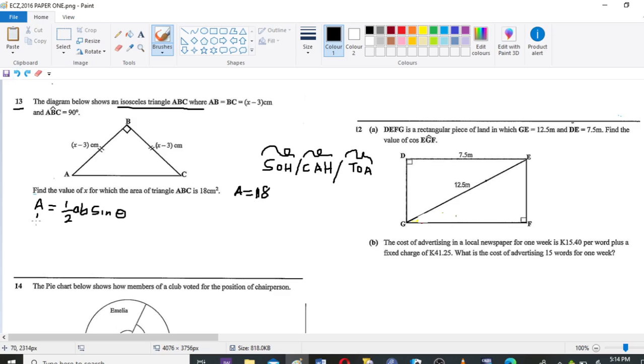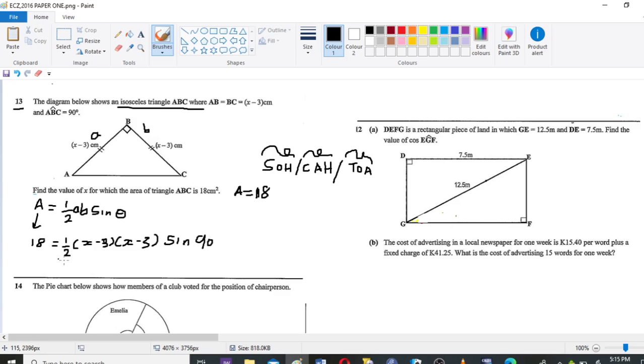Our area is 18, then we have half multiplied by, so our A is x minus 3. A is just one side and the other is the other side, so you have x minus 3, again x minus 3 as your B. This one can be your A, this one can be your B, or you can do the opposite. And here you have the sine of 90, right?